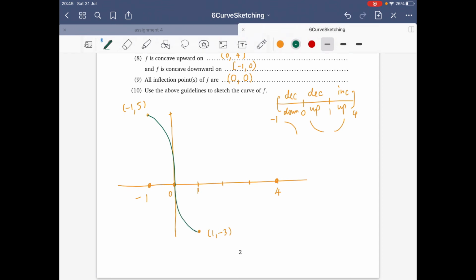From here it will go up, but not too far, because you are going to stop at 4. So here's the absolute max, and there is the absolute min as well as a local min.